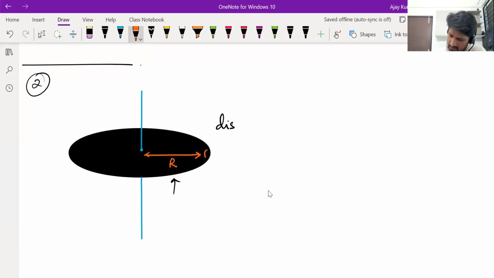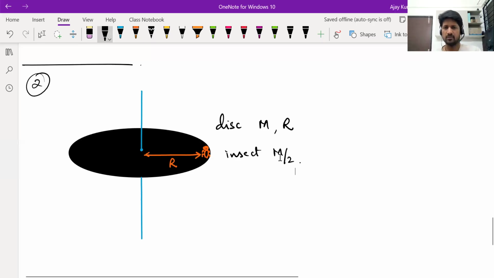This time the body of the insect is aligned parallel to the circumference of the disk, whatever it is. Assume the disk mass is m, radius is r, insect mass again m/2 itself. Its size is negligible compared to the radius of the disk, so you will treat it as a particle.